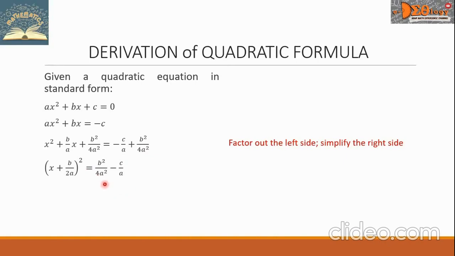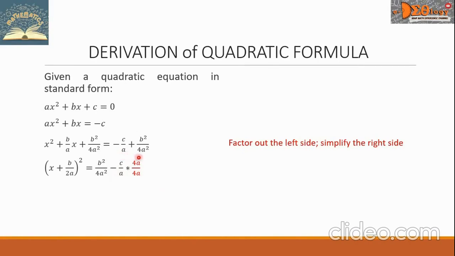Obviously, the denominators are not the same. So let us manipulate the second fraction to make the denominators the same. Let us multiply the second fraction by 4a over 4a. If we do that, the denominator here becomes 4a squared, which is now equal to the denominator of the first fraction, while the numerator becomes c times 4a.